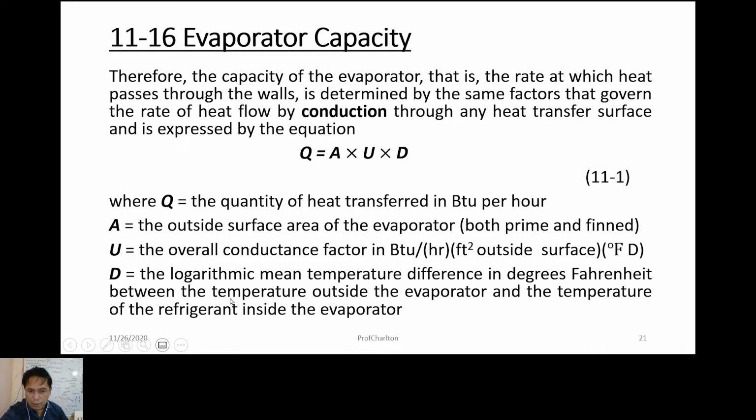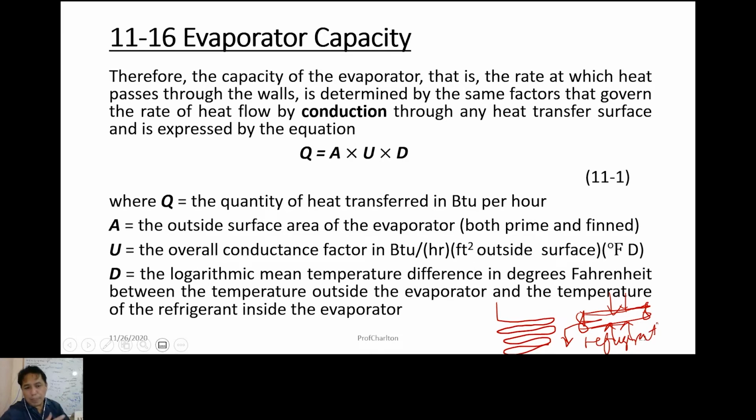or centigrade, depending on what unit you are using, between the temperature outside the evaporator and the temperature of the refrigerant inside the evaporator. So if this is the evaporator, outside the tube is air. Air is in contact with the surface of the tube. But inside the tube is the refrigerant, which is in the lower temperature or lower pressure state.